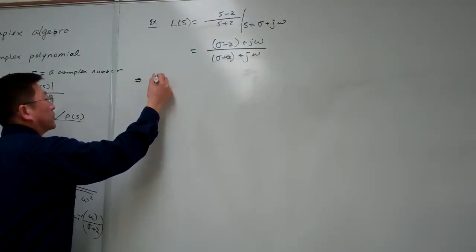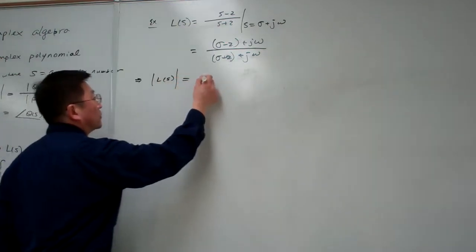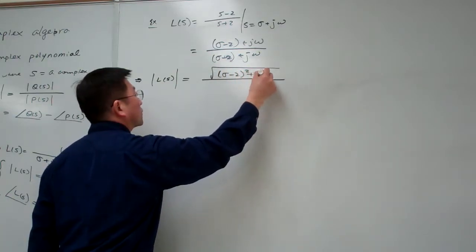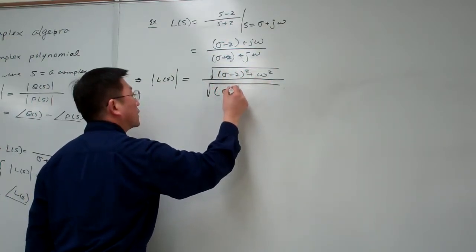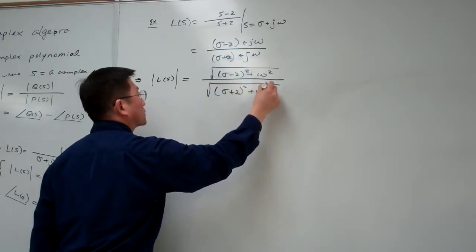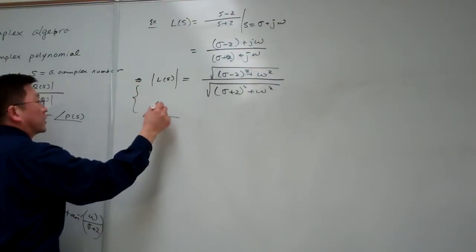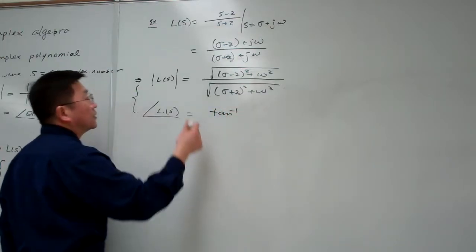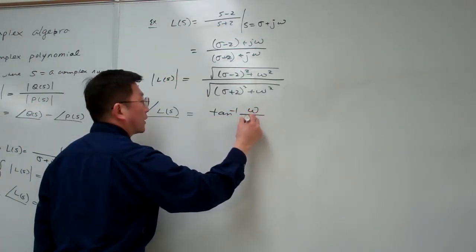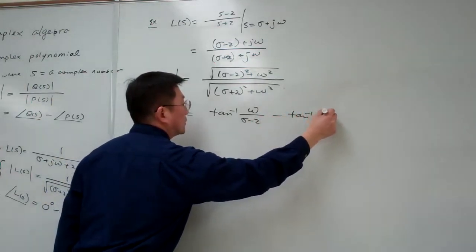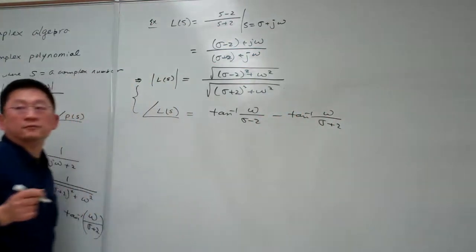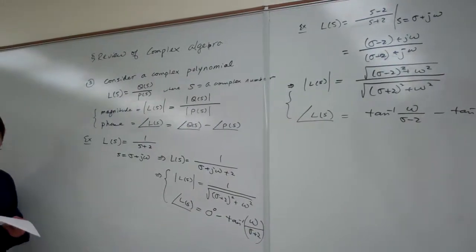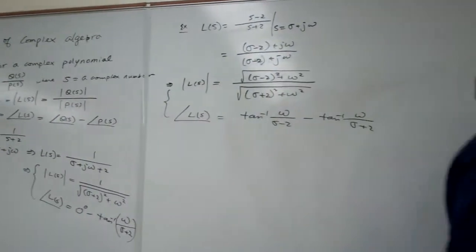Therefore the magnitude will be the square root of sigma minus 2 squared plus omega squared, over sigma plus 2 squared plus omega squared. The phase angle will be equal to arctangent of omega over sigma minus 2, minus arctangent of omega over sigma plus 2. You good? We still apply these rules and get more terms.